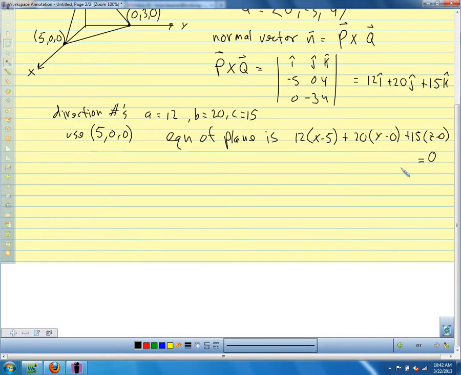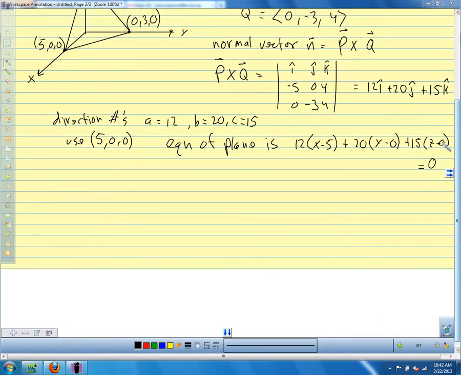And I need to rearrange that because I need to get my surface represented as z equals something. So if I distribute and rearrange, this rearranges to z equals 115 minus 12x minus 20y plus 60.